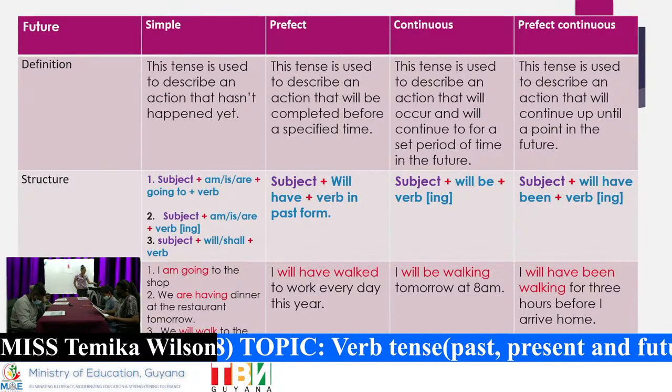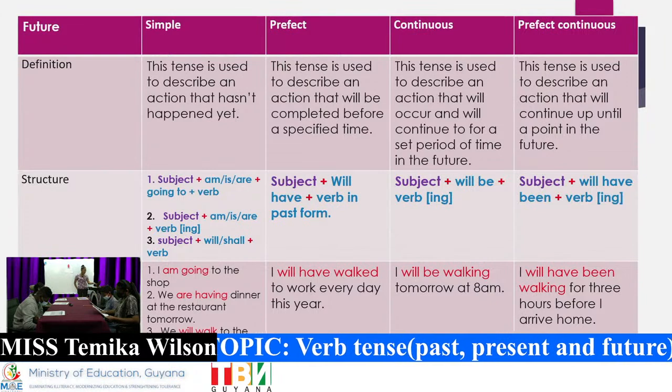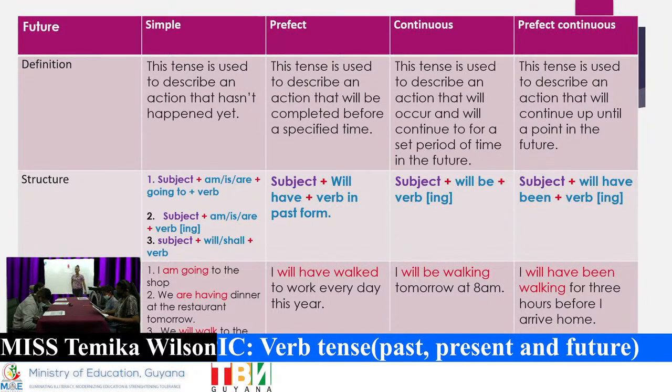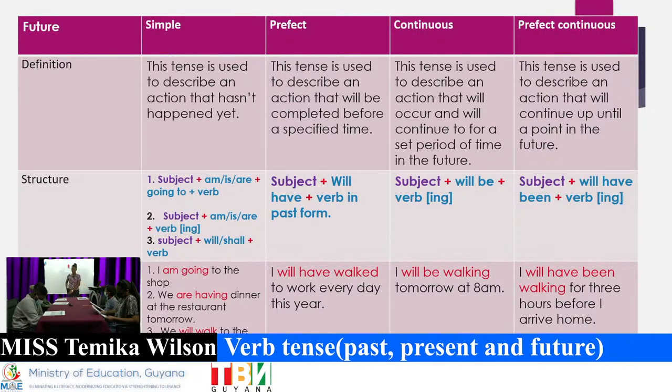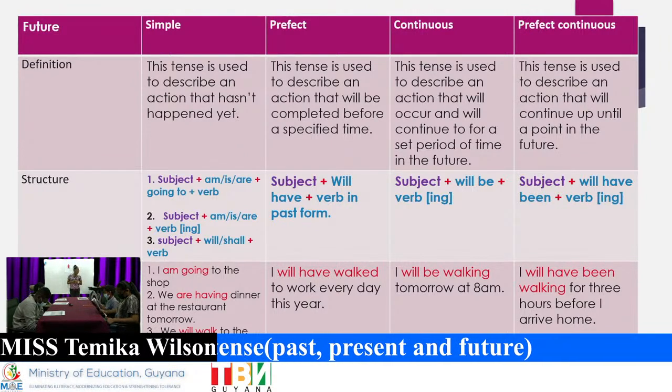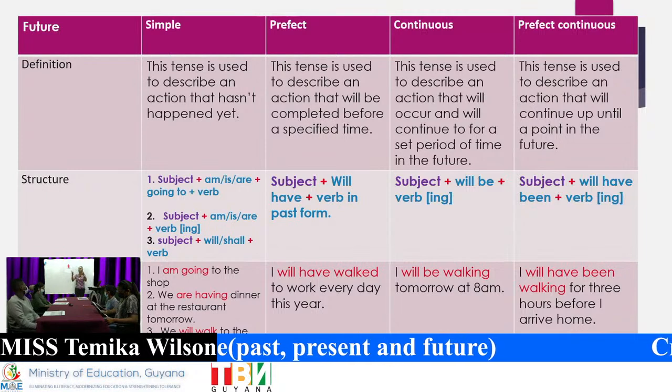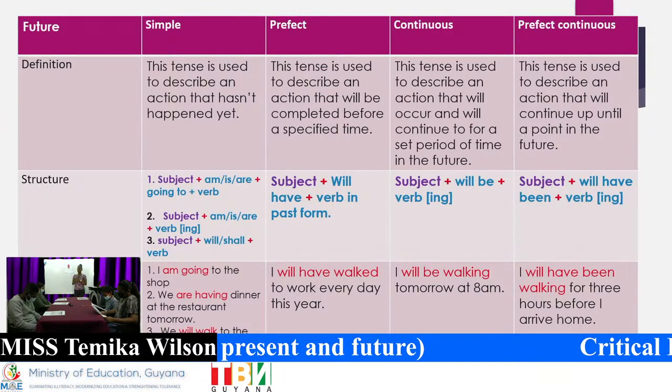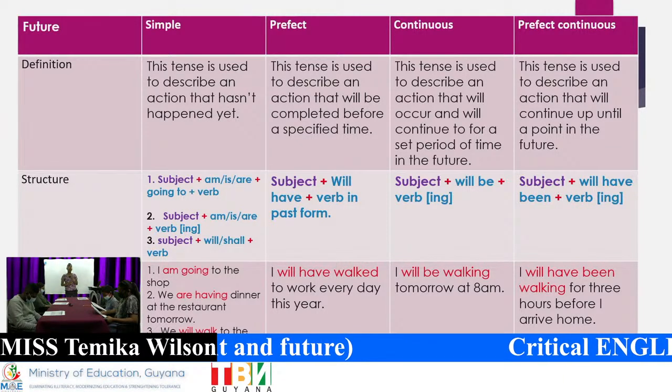We are having dinner at the restaurant tomorrow. Now, the future. One of the indicators of the future is always what we are going to do. I am going to do something, an action that will happen in the future. It has not occurred as yet.